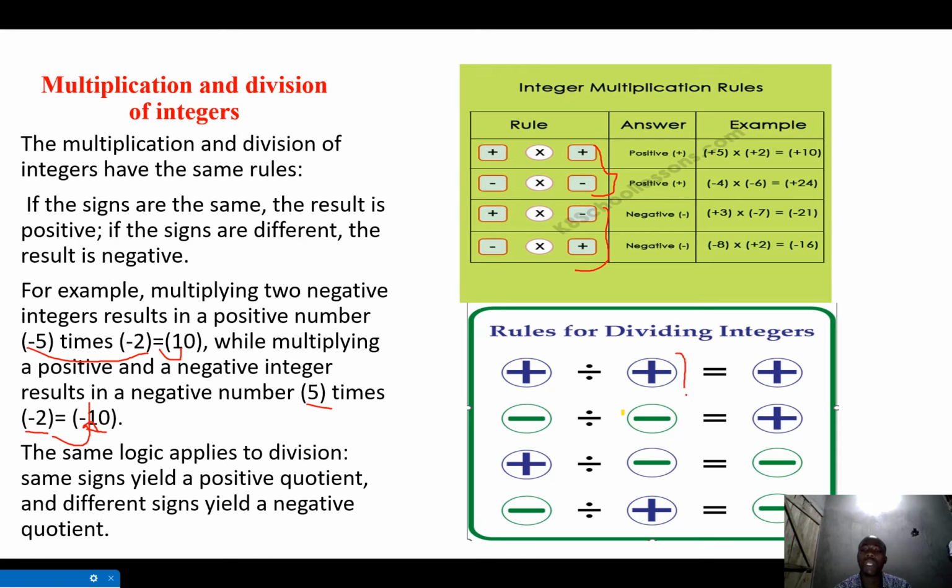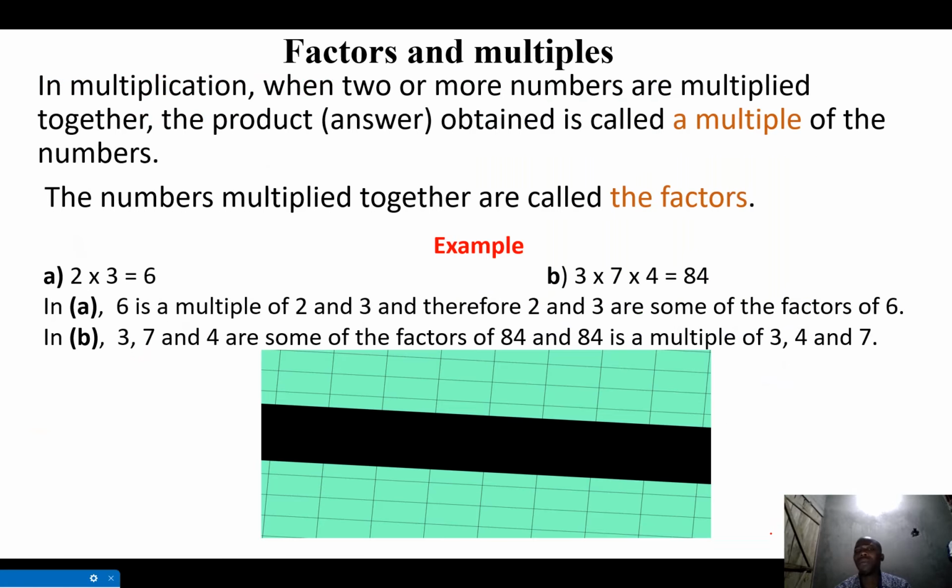When you are dividing positive by positive or negative by negative, the answer will be positive because you are using the same signs. But if you do division with different signs, the answer will always be negative. So that table can always help you to remember the signs of the numbers that you get whenever you multiply or divide.